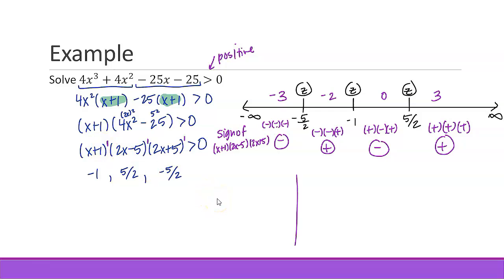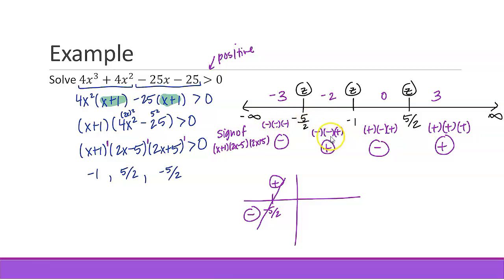So if I did a tiny graph real quick, and this is negative 5 over 2, we were negative, below the x-axis, and if we cut through the x-axis, we're going to switch from negative below the x-axis to positive above the x-axis. So if the 0 comes from an odd multiplicity, that means my graph will have to cross the x-axis, or cut through it, and change sign. So we can see how they bounce between negative, positive, because every single factor had a multiplicity of 1.